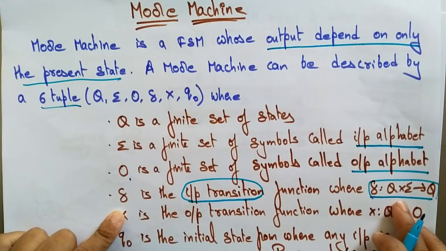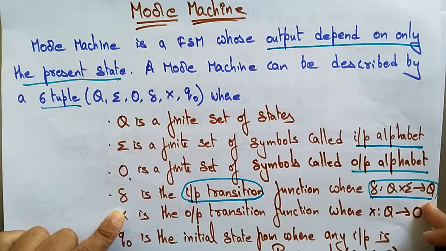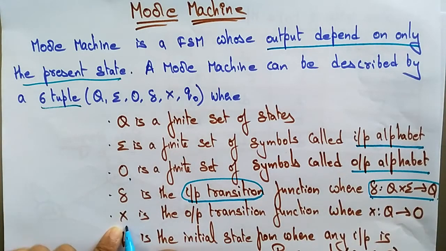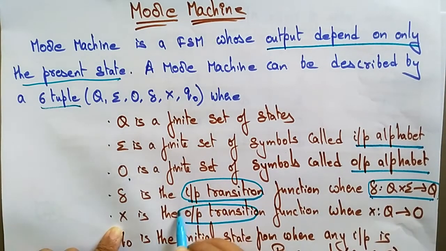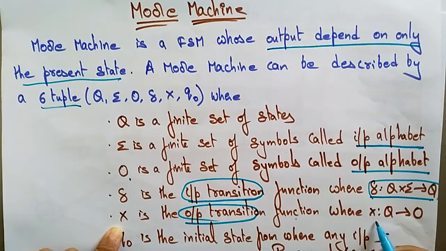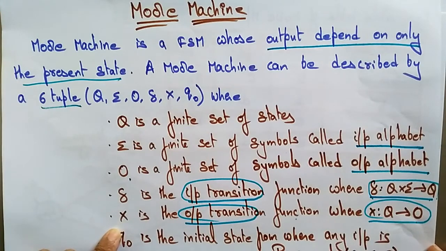The current state on a particular input alphabet gives the next state. And X is the output transition function, where the current state yields the output.